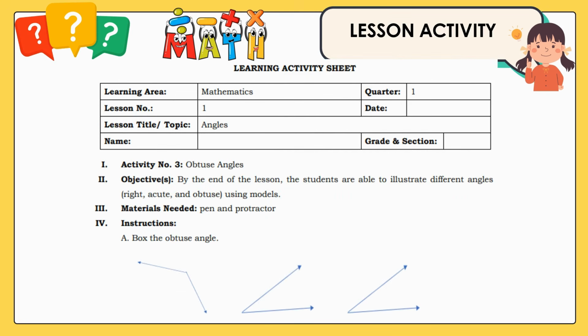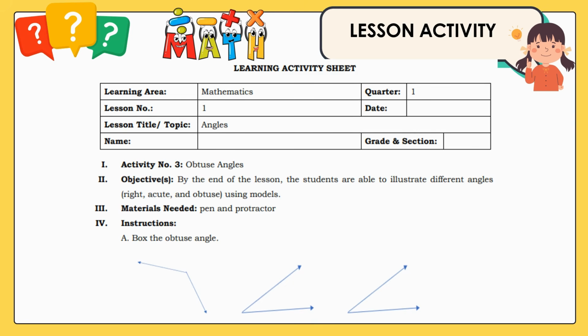This time, let's have a learning activity. The lesson title or topic is about angles. Activity number 3, obtuse angles. Objectives: by the end of the lesson, the students are able to illustrate different angles, right, acute, and obtuse using models. Materials needed are pen and protractor.